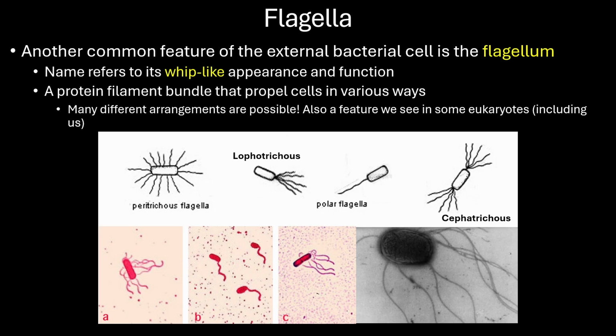You could have clusters of flagella on one end or the other end of the cell, and so that can create a pull area where they can thrash their flagella and push themselves in specific directions. And then in some cases you could have only one flagellum, just one at one end, being a polar arrangement like this. So incredible variety of how this can look in bacterial cells.